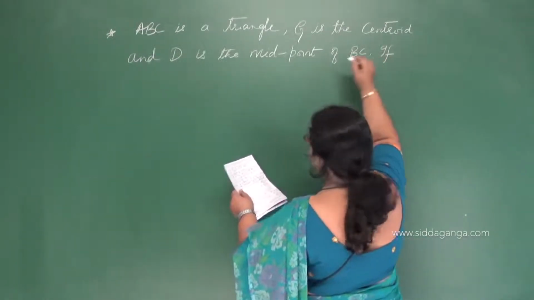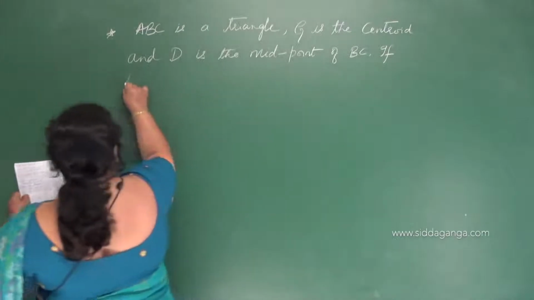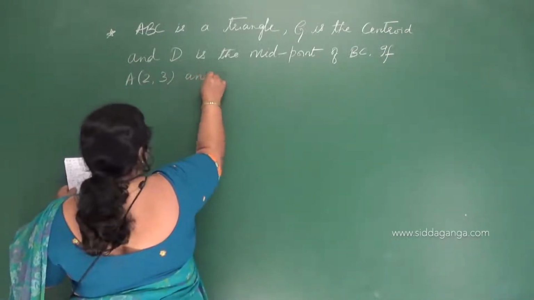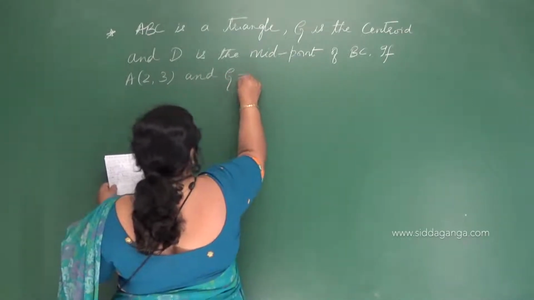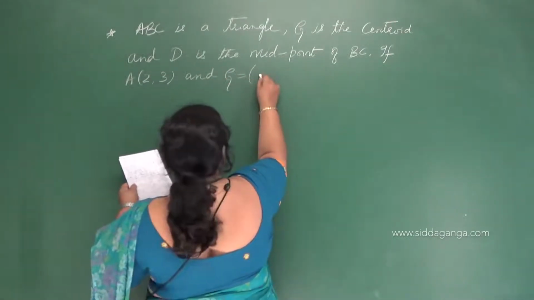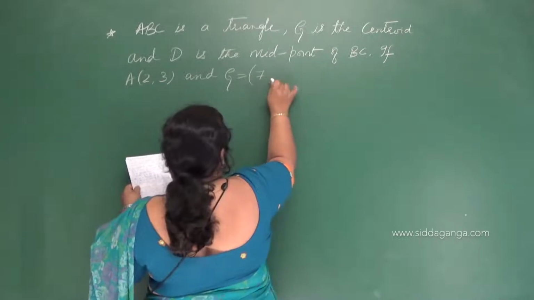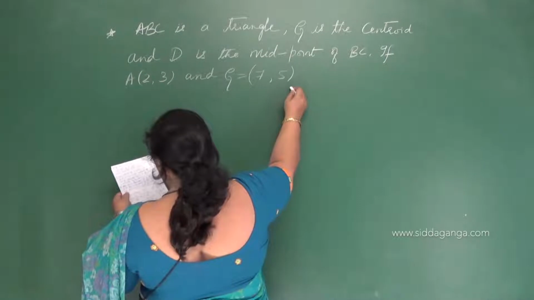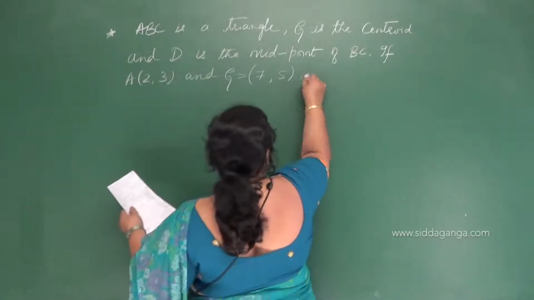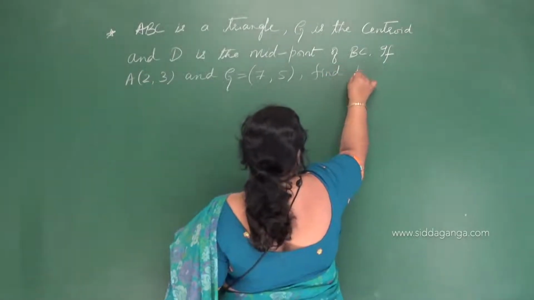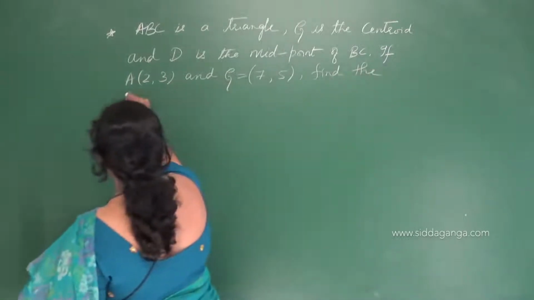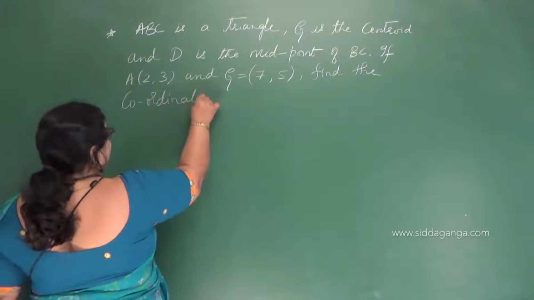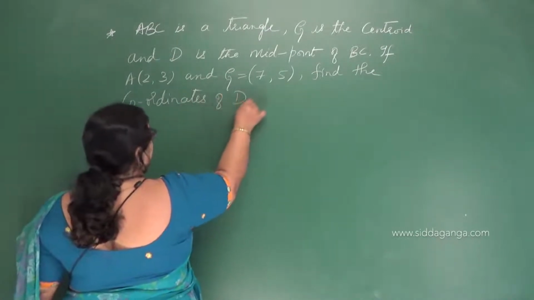If the vertex A coordinates are 2, 3 and the coordinates of the centroid are 7, 5, we have to find the coordinates of D.